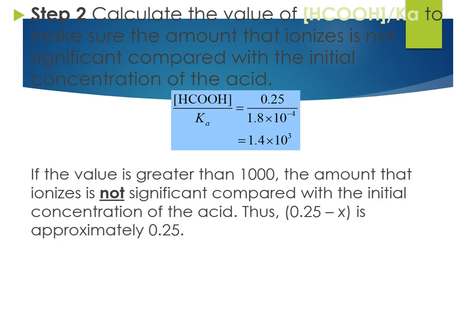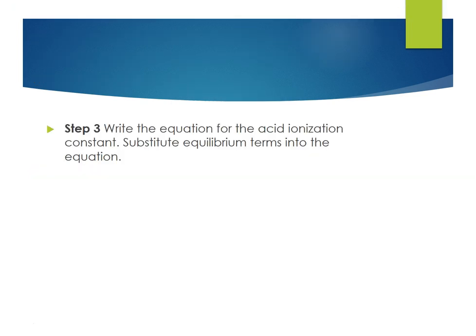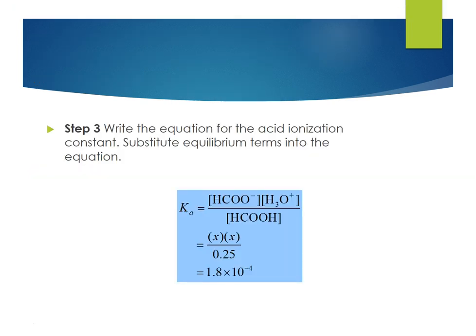In this example, the value is over 1,000, so the 0.25 minus x can be simplified to 0.25. This means no quadratic formula. With this approximation, the solution for the concentration of hydronium ions is much simpler to calculate.